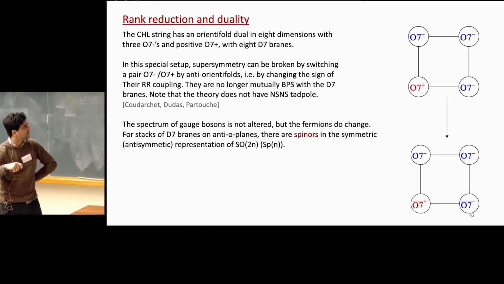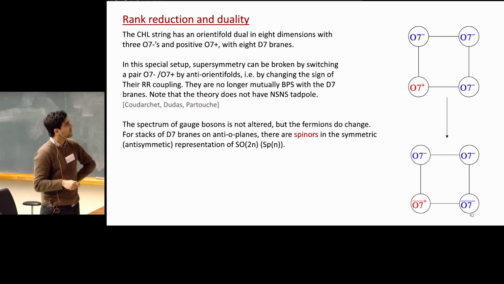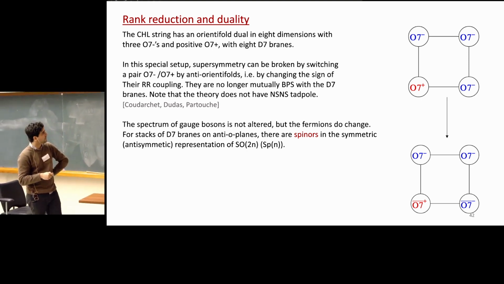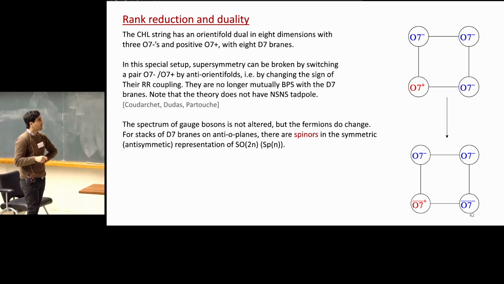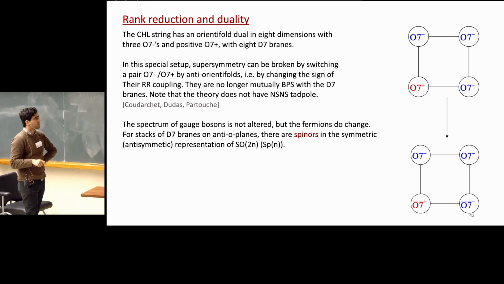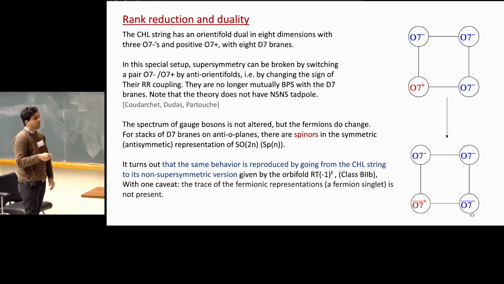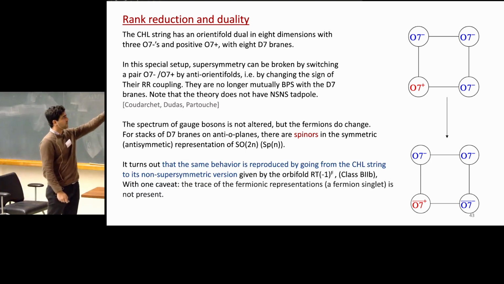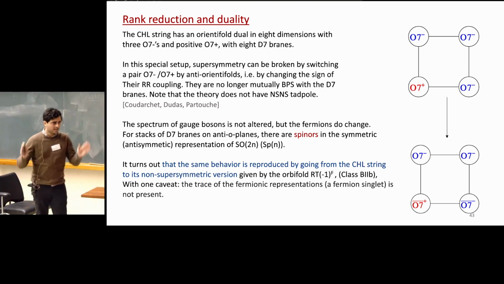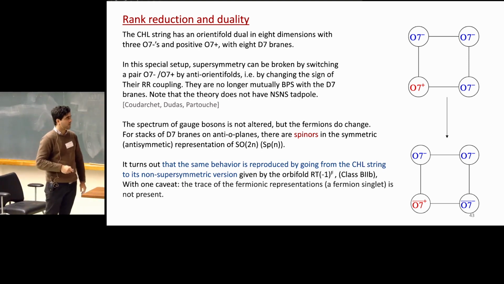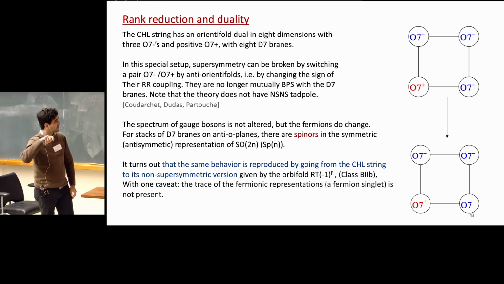Now, the spectrum of gauge bosons is not altered. You still have the same gauge bosons, but the spinors are altered, and so they now go to symmetric or antisymmetric representations of your gauge group. And this is a feature of the spectrum. But the interesting thing is that if you take the CHL string and you break supersymmetry, this non-supersymmetric version of the CHL string, you get exactly the same behavior at all points in the moduli space, except for the fact that now you don't have fermion singlets.